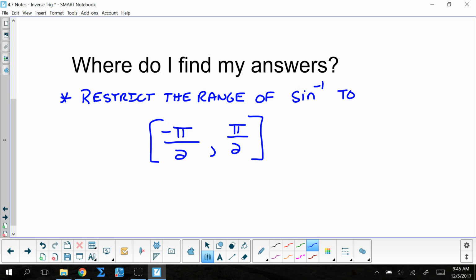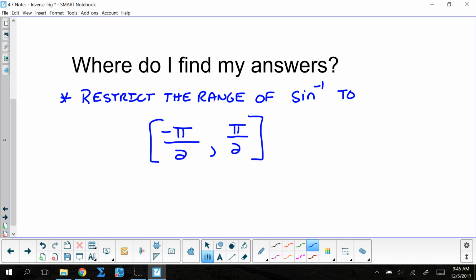Because if I think about it, I hit all of the possible sine values there. If I would restrict it from 0 to pi, that wouldn't give me anything with negative sine. So that gives me both positives and negatives of all the values.